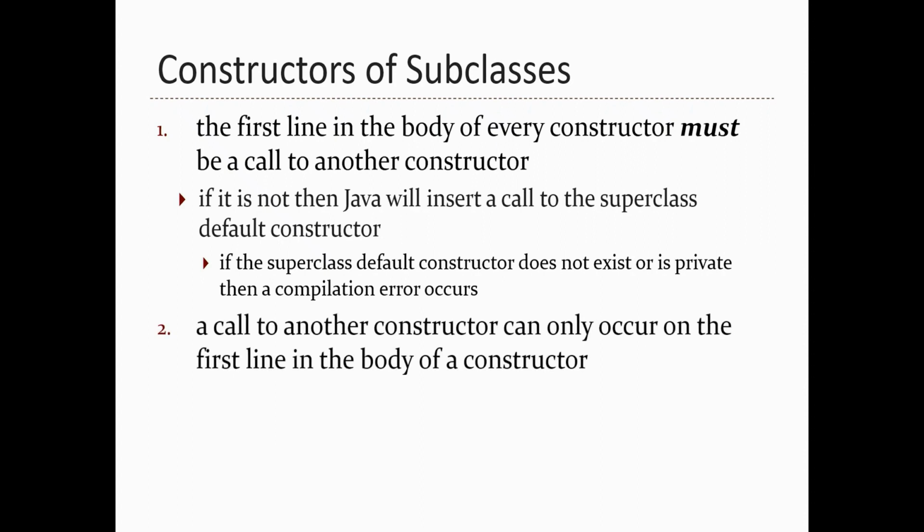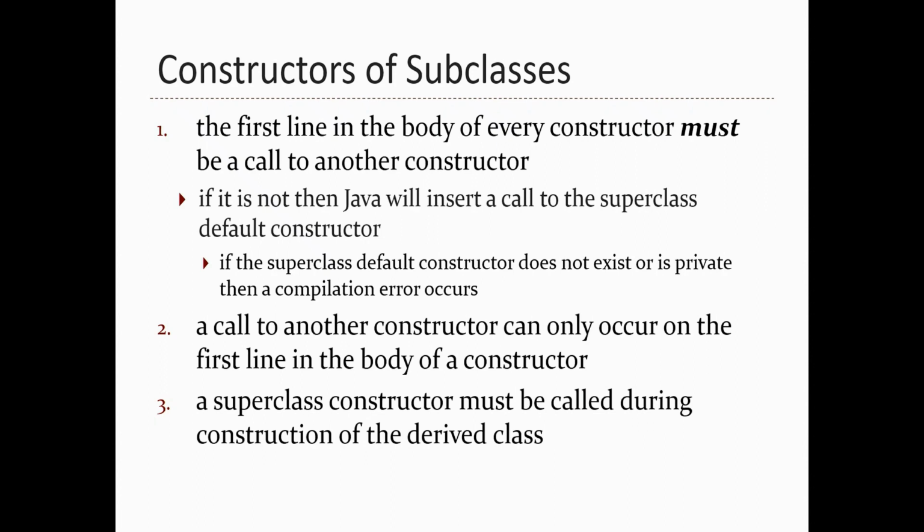The first line must be a call to another constructor, and the only place you can call another constructor is on the first line. In other words, you cannot write super to call a superclass constructor on the second or third or fourth line of your constructor. You can only do this on the first line of the body of a constructor.